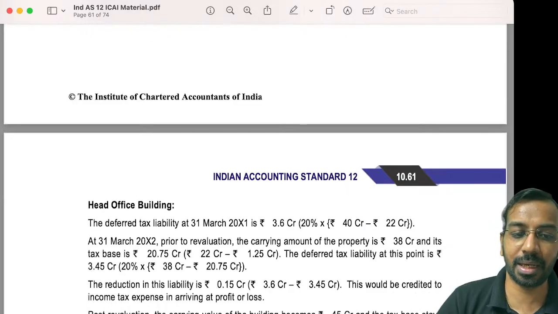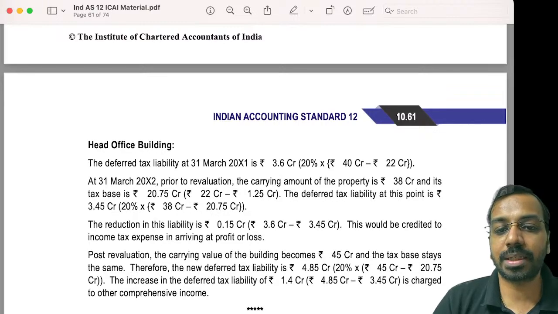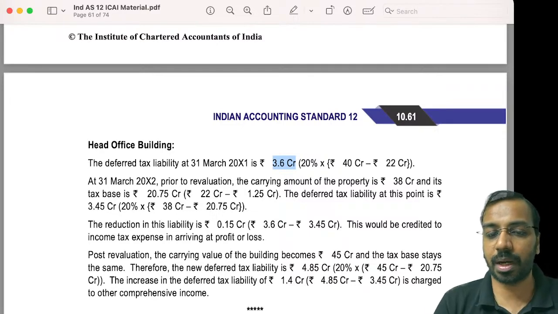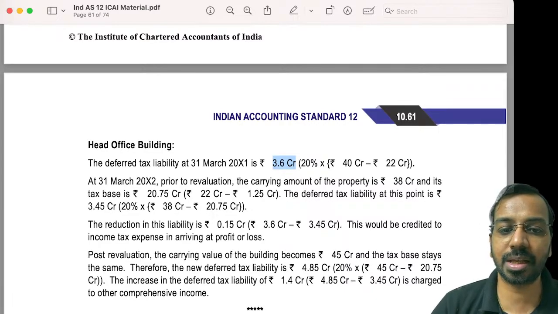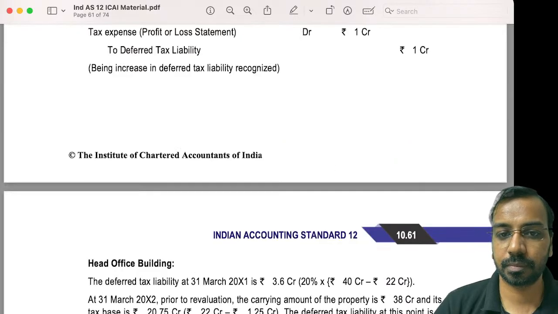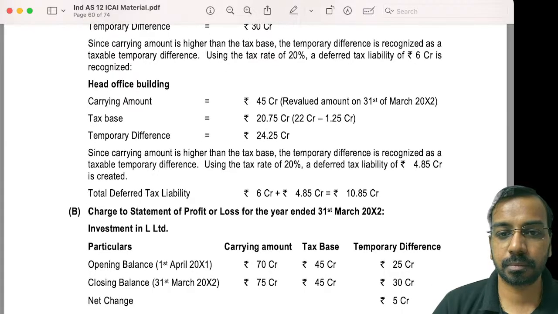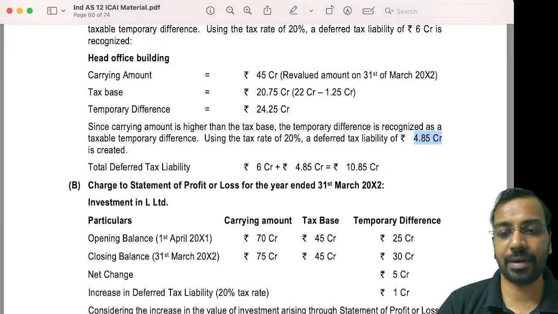Same way for head office building. DTL as on 31st March is 3.6 crores. We can calculate that. How do we calculate DTL on 31st March? Carrying amount minus tax base, multiplied by the 20% tax rate. 3.6 is the closing liability and the current period closing liability is 4.85 crores.